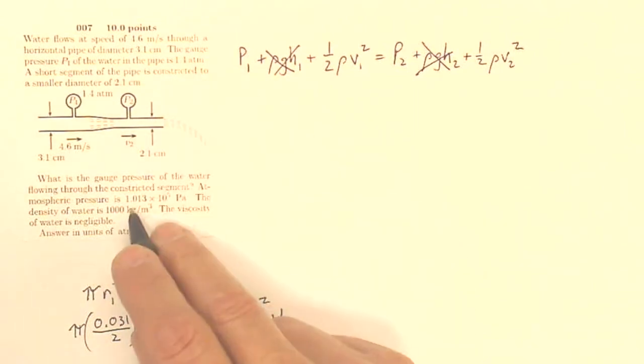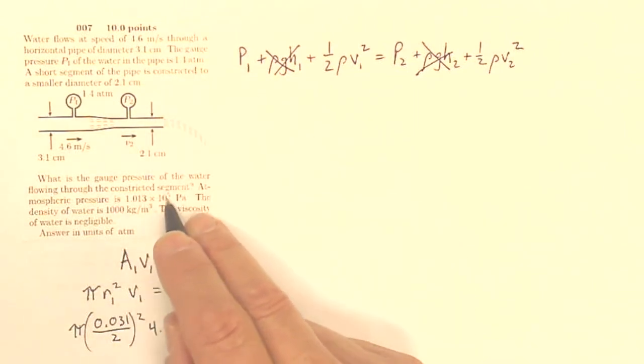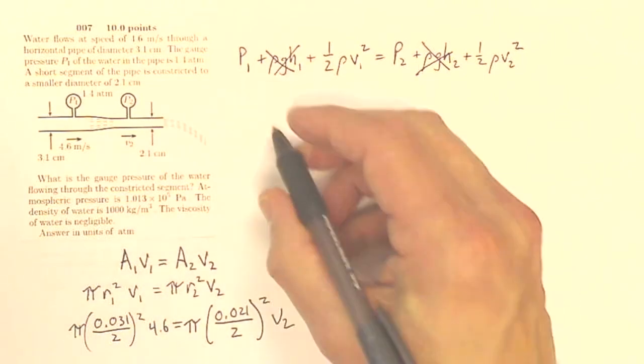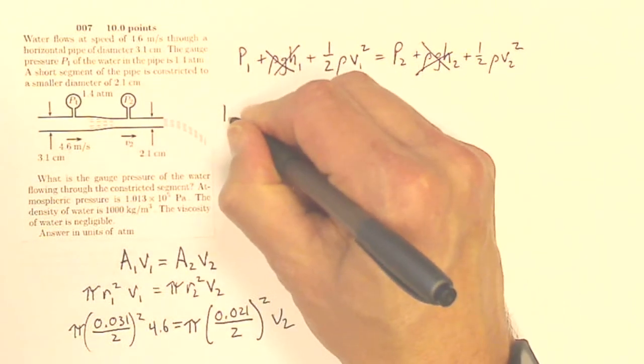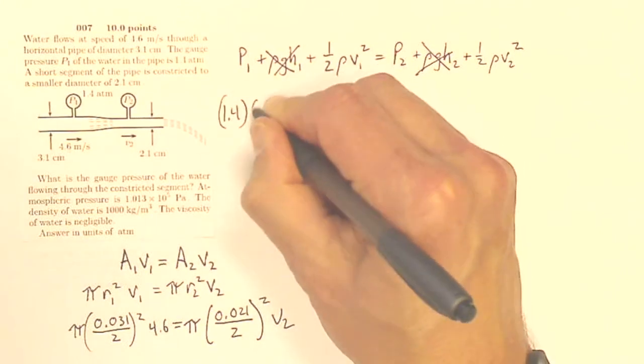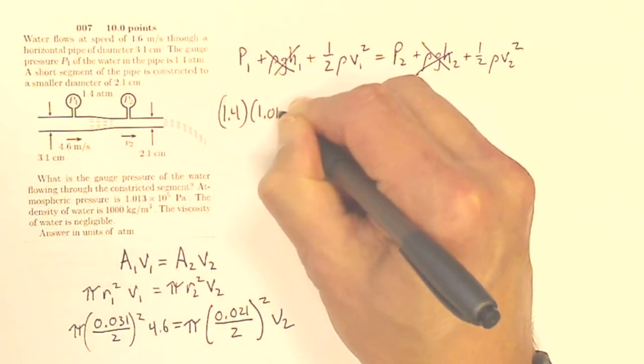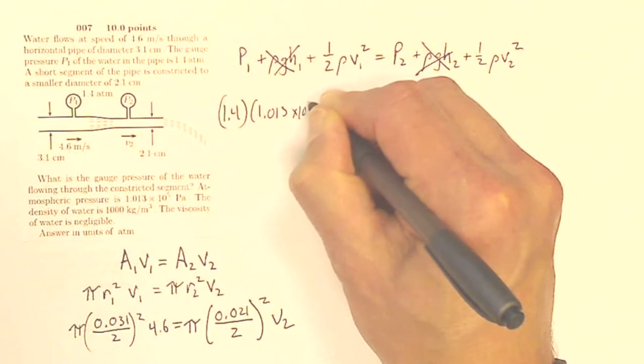One atmosphere is 1.013 times 10 to the 5th pascals. So this pressure 1 is going to be 1.4 times 1.013 times 10 to the 5th.